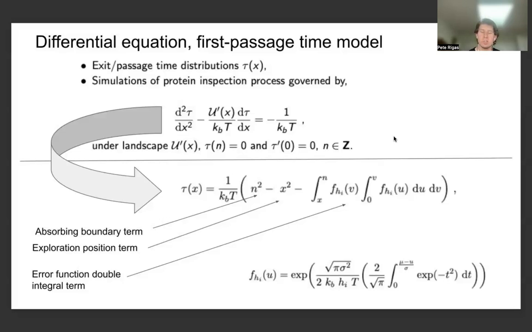And in the exponential function, the first part has a square root of pi times sigma squared, the variance.